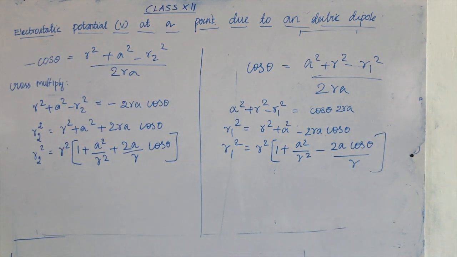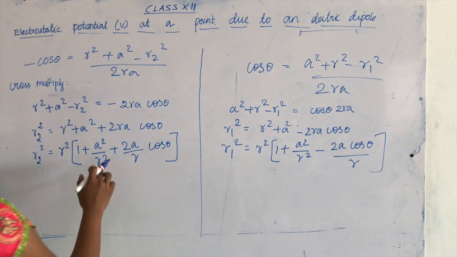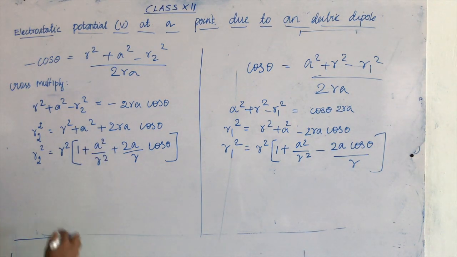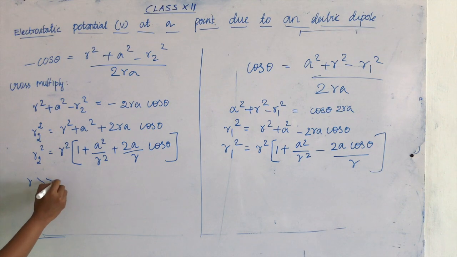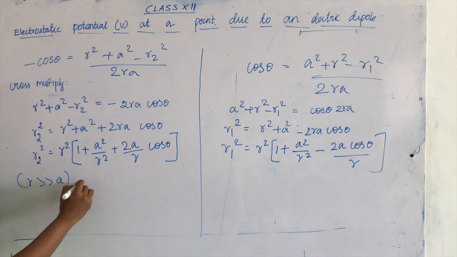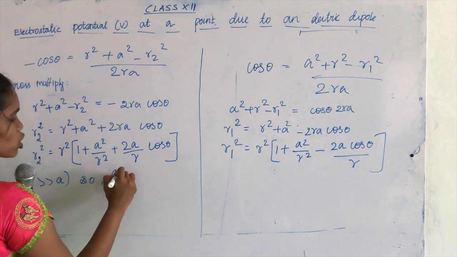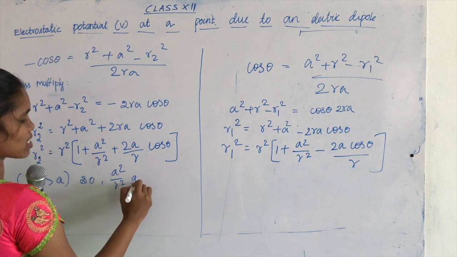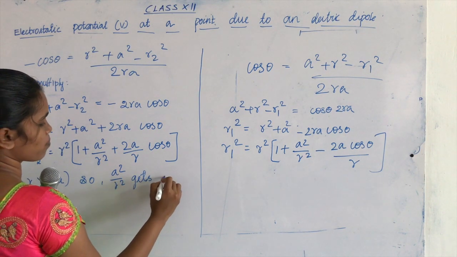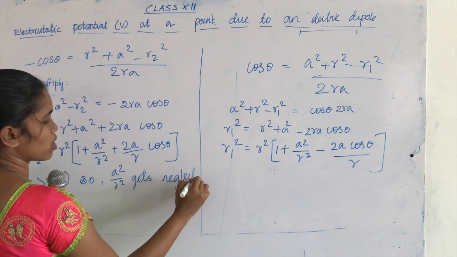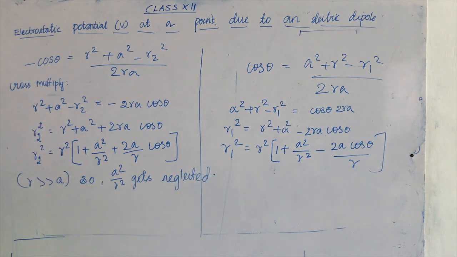Now we come to a conclusion. We are going to eliminate A by R, because R is much greater than A. So A square by R square gets neglected.